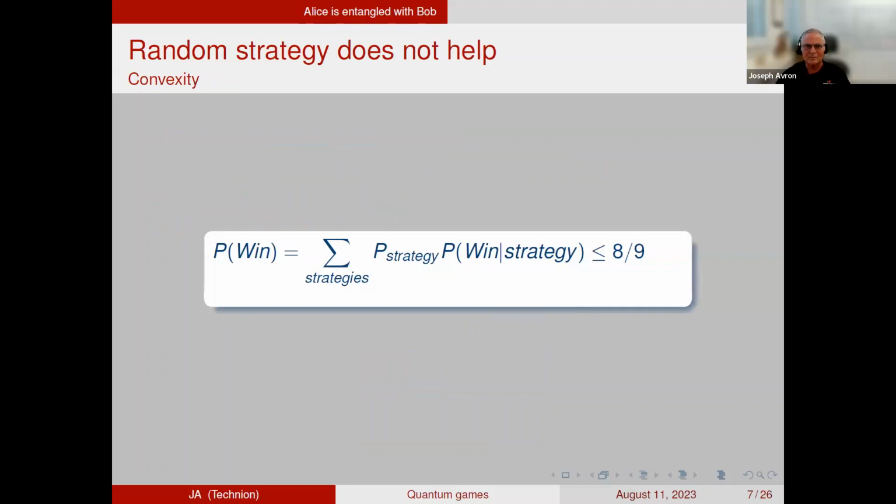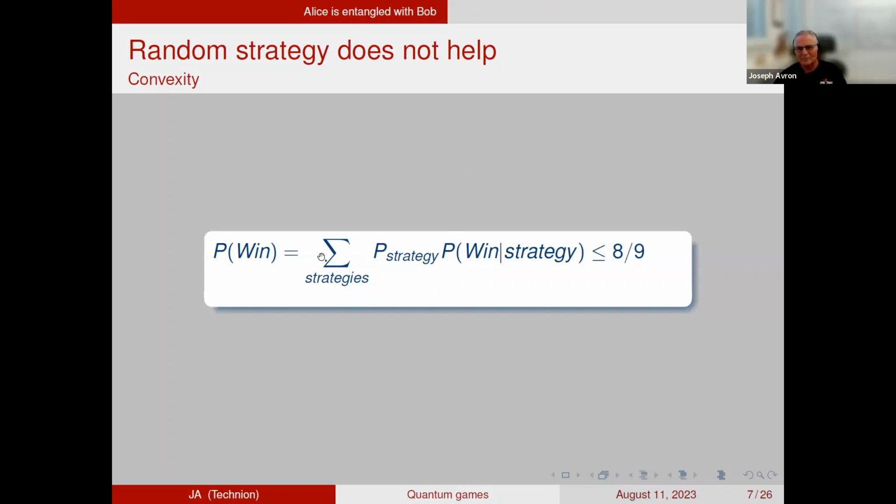So here is a statement about the random strategy. If you would, you can ask, can I do better by not having a fixed table, but picking from a collection of such tables, say each of them wins 8 out of 9.